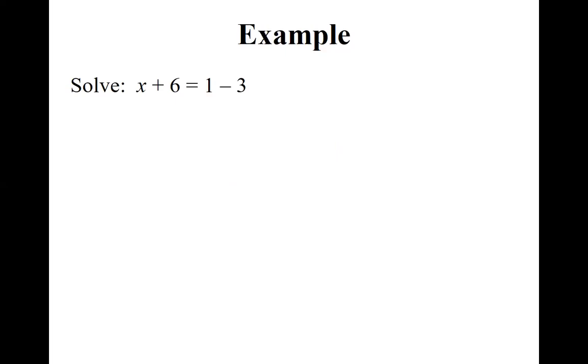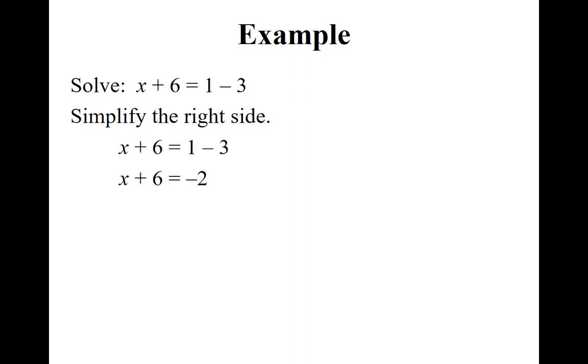On the right side of the equation, we have 1 minus 3. We can simplify that, so let's simplify the right side. 1 minus 3 is negative 2. x plus 6 equals negative 2. Now we can apply our properties of equality to get the x by itself on one side and everything else on the other.